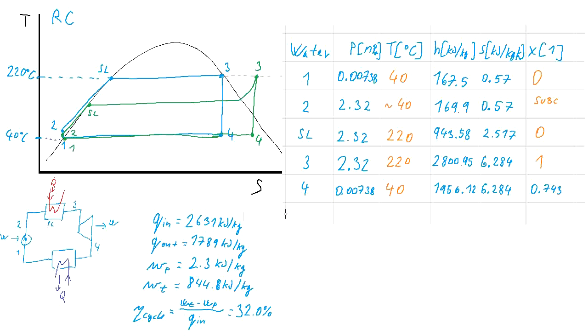Well, let's have additional points in our table, where we will have the heat source inlet, which had the temperature of 350 degrees C. And let's have a look how the QT diagram will need to work.